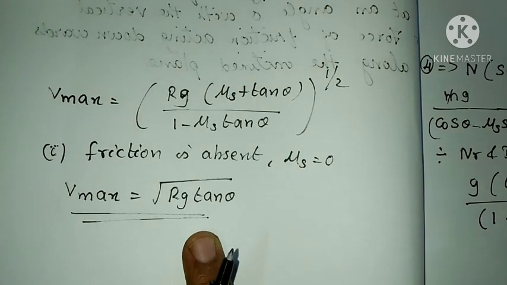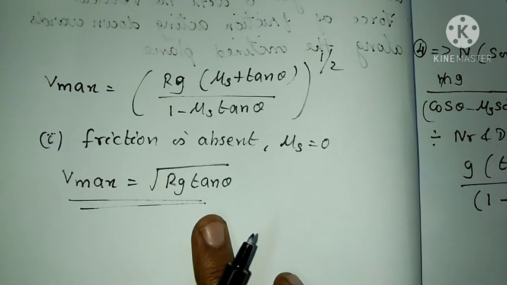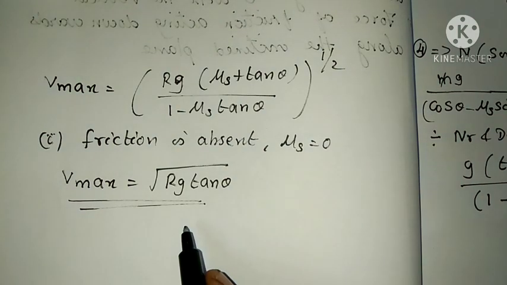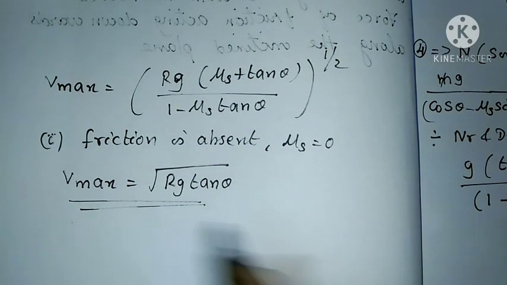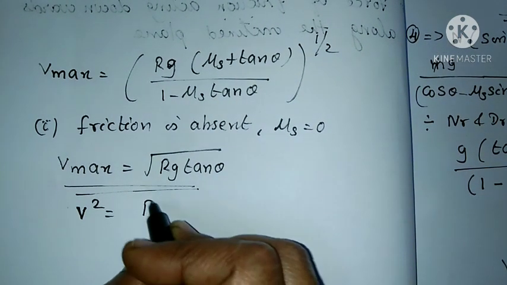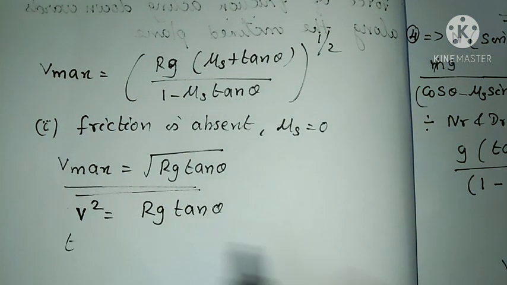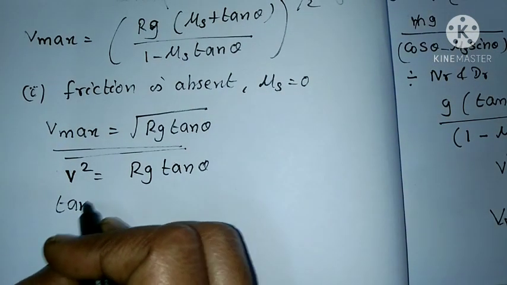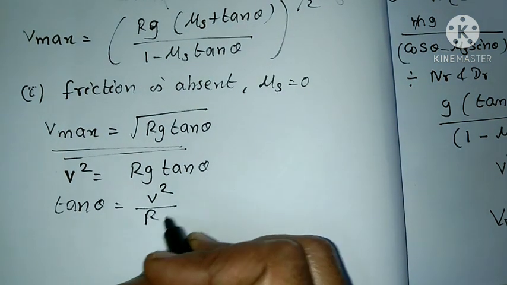Okay, so from this equation we can find out the angle of banking also. The angle of banking is denoted as theta. We can square this equation, that is v square equal to rg tan theta, isn't it? So tan theta equal to v square by rg.